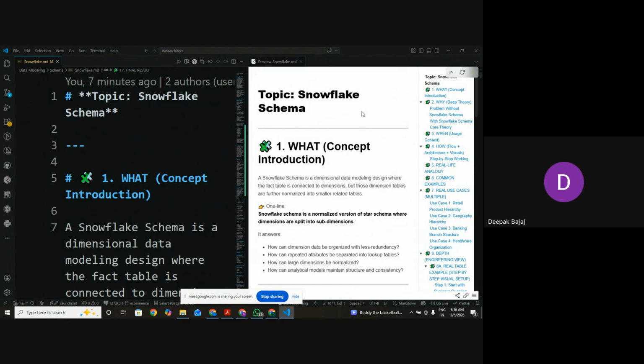So basically in a schema, we talk about the structure of tables, or another word we can say entities, and how they are interrelated with relationships. That's called schema.